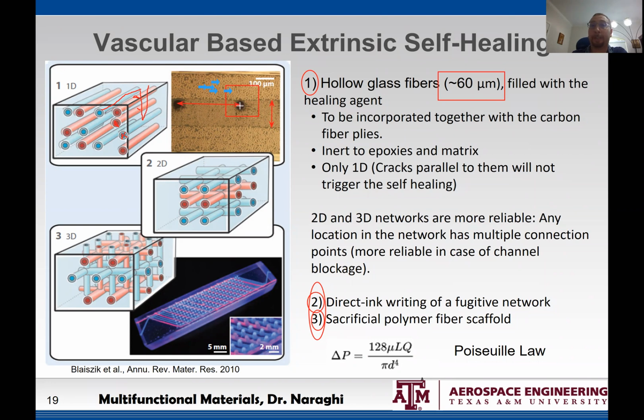Or I put one tube here and another tube here, so that I can handle cracks that go like this, making it more likely for cracks to hit one of my tubes.